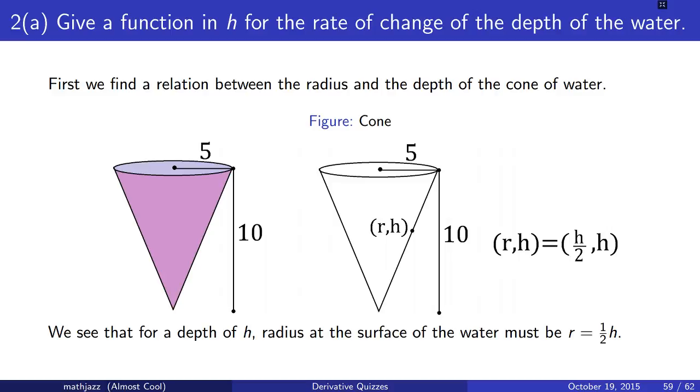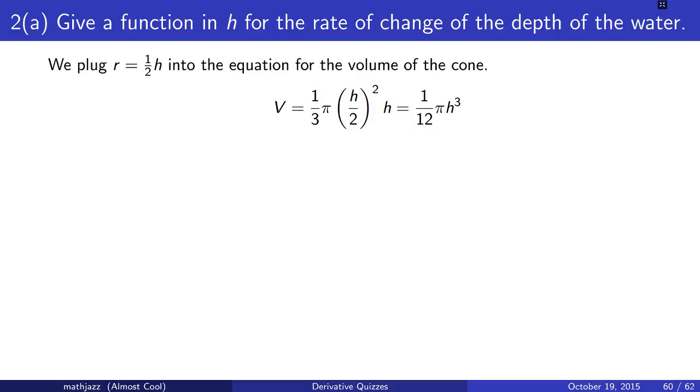And so when we plug r equals 1/2 h into our volume equation for the cone, we end up with V equals 1/3 pi times the square of h over 2 times h, which is equal to 1/12 pi h cubed.